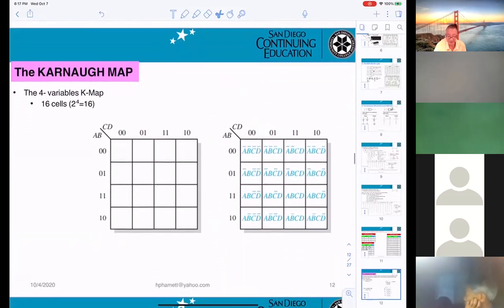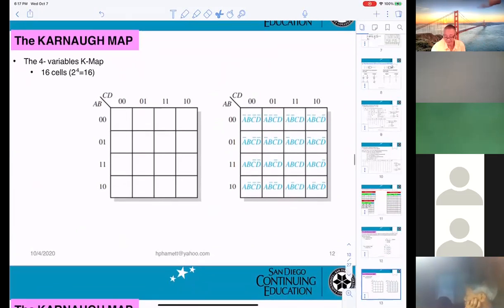Now, that one has 4 variables, A, B, C, D. So you know 2 power 4 will be 16 cells.